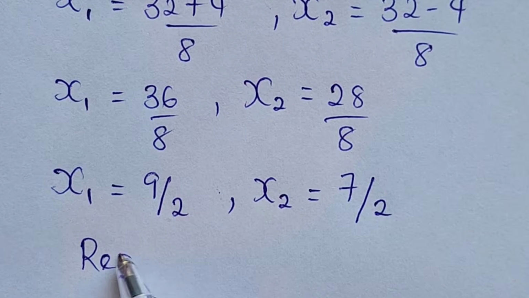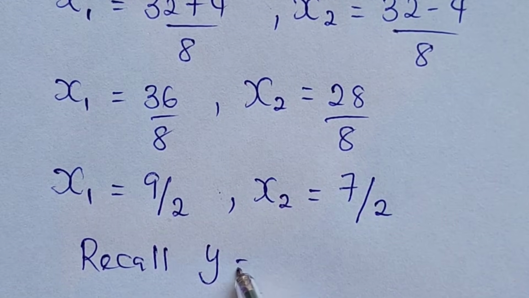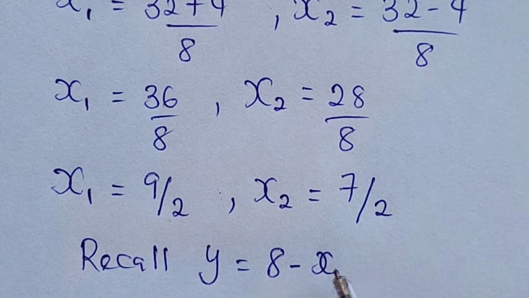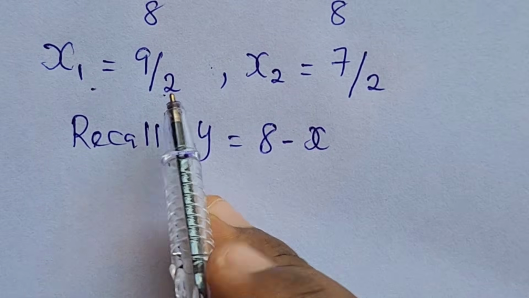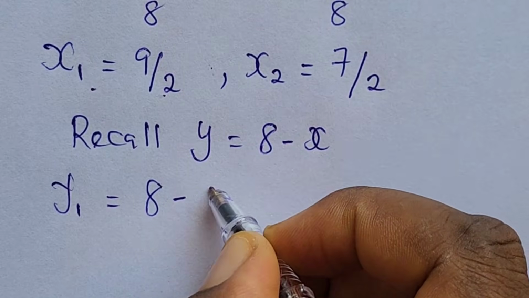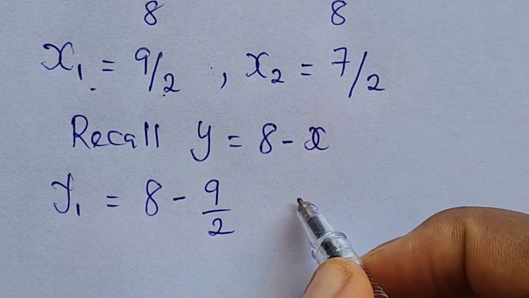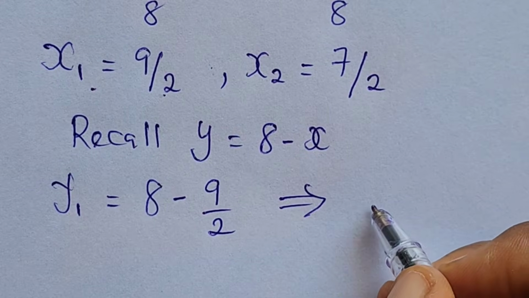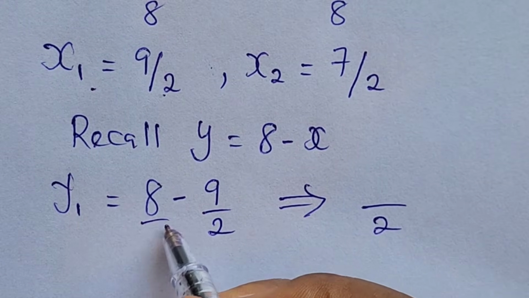Now let's recall that y is equal to 8 minus x. So when x is 9 over 2, our y1 will be equal to 8 minus 9 over 2, which we have as 2 divided by 1.